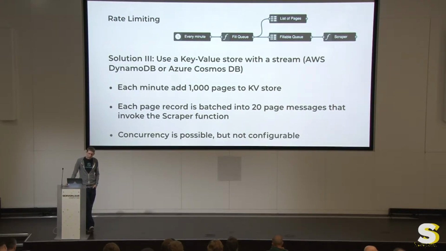But while concurrency here is very possible, we don't get to configure it. The stream that you get dynamically scales up and down according to heuristics set by the service provider, not by configuration that you provide. So we may not get 50 different partitions in our stream. So we're not sure that we're actually going to get the full concurrency that we need.